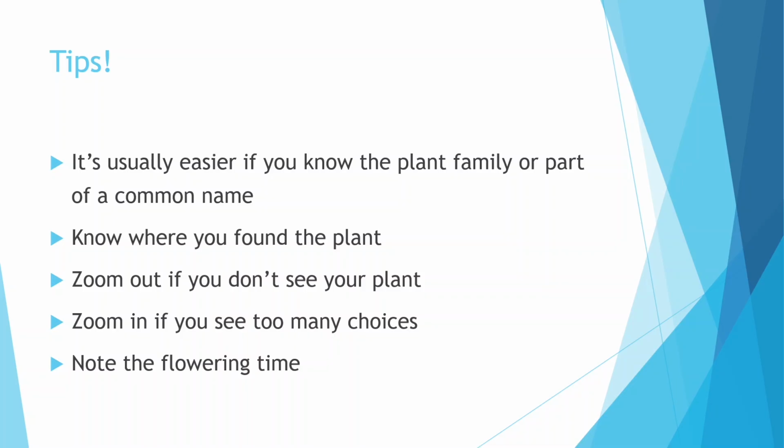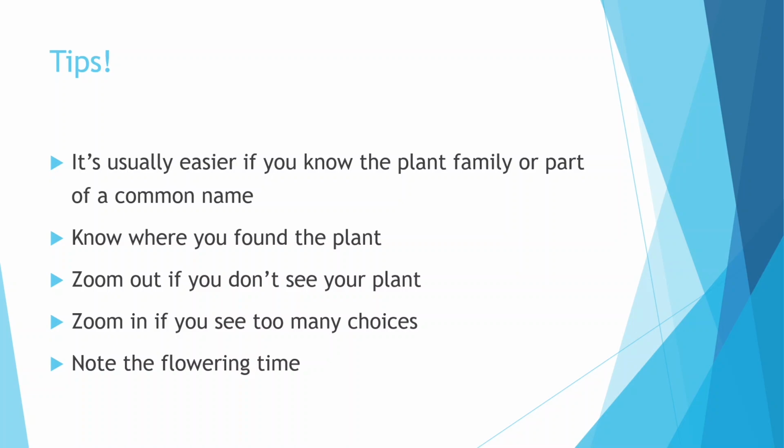That's really not reasonable. So things that you can do to make that list smaller: know where you found the plant, and if you know where that spot is, you can maybe zoom in on the Grows Here tool, or zoom out to change how many choices you have.